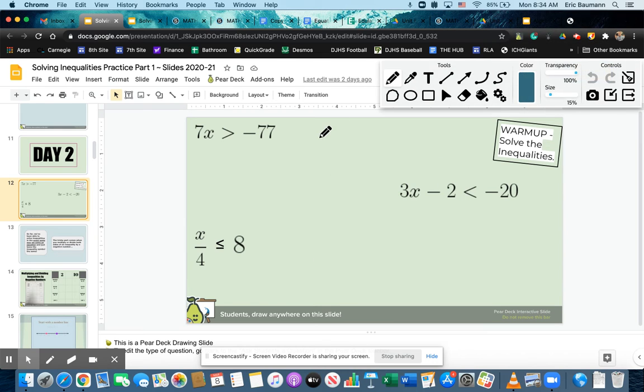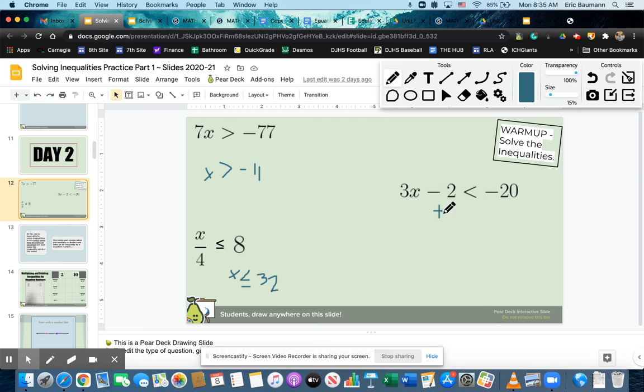Okay, hopefully you had a chance to solve it. The first one would be x is greater than negative 11. Remember our rules, a negative divided by a positive is a negative. Over here, again, I'm gonna multiply by 4 on both sides. x is less than or equal to 32. And this is a two-step inequality, which is just like we do with equations.